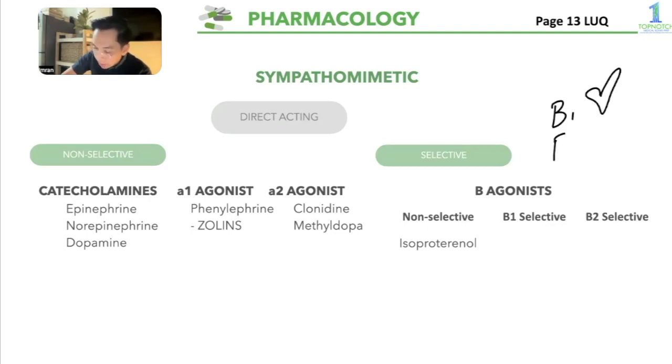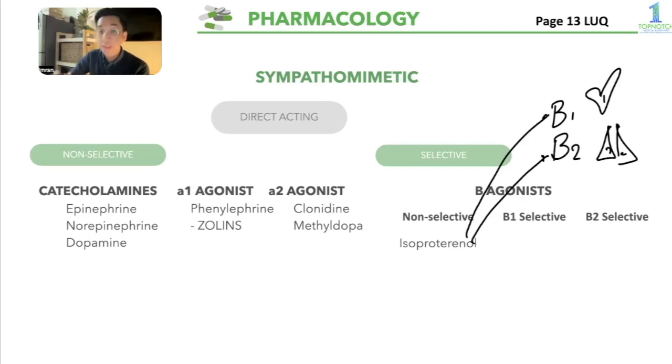Sa heart. Saan ang beta 2? Sa lungs, di ba? At tandaan nyo, meron kang 2 lungs, meron ka lang 1 heart. Isoproterenol can stimulate the heart and the lungs, no? Before given siya for asthma, pero now hindi na kasi it can cause also stimulation ng beta 1.